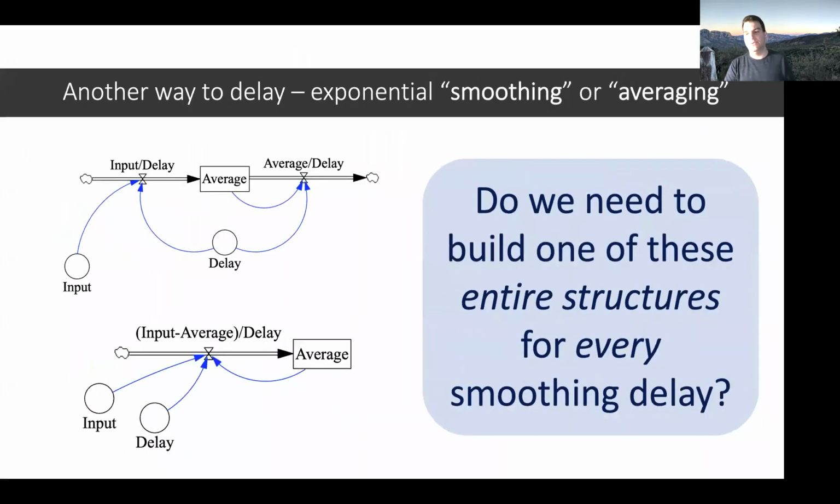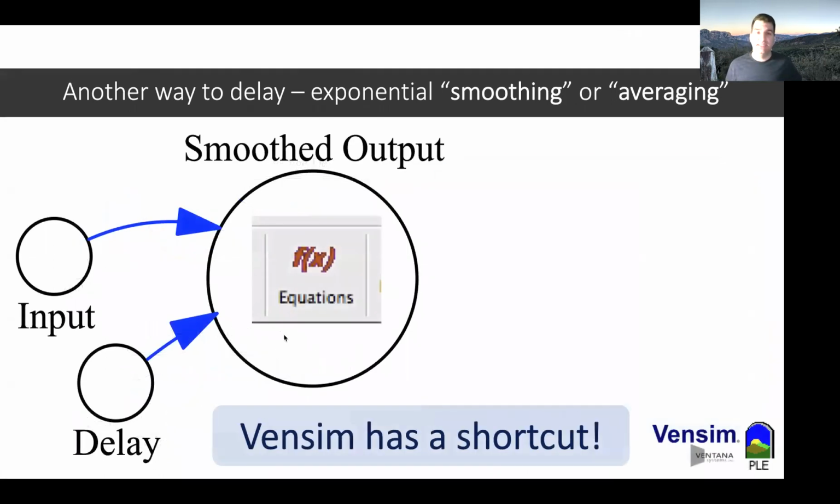All right, let's get through some of the other stuff quickly. If you want to build these delays, you could build these complicated stock and flow structures every time you want a smoothing delay. Fortunately, Vensim and Insight Maker have already done this for you.